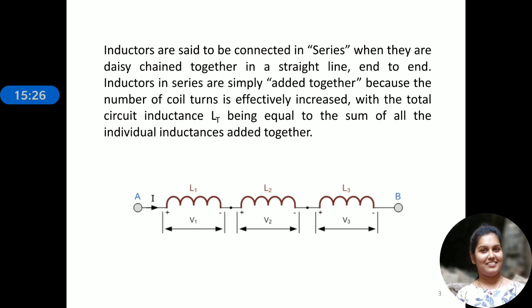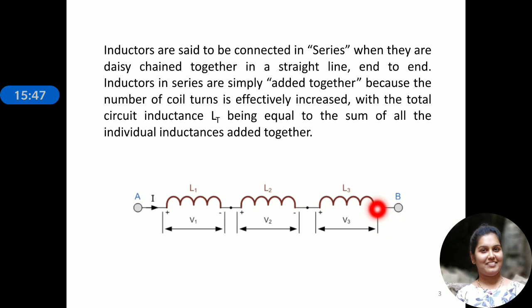For example, take inductors with values L1 to be 10 millihenries, L2 to be 40 millihenries, and L3 to be 50 millihenries connected in series, and we consider that there is no mutual inductance between them.